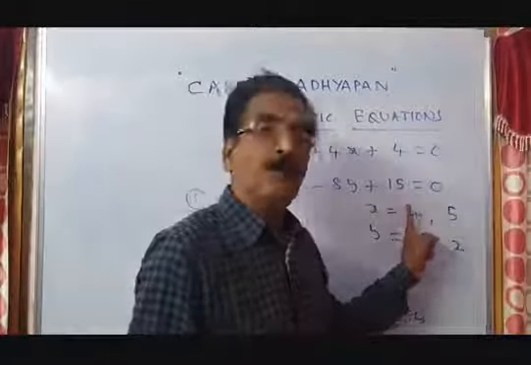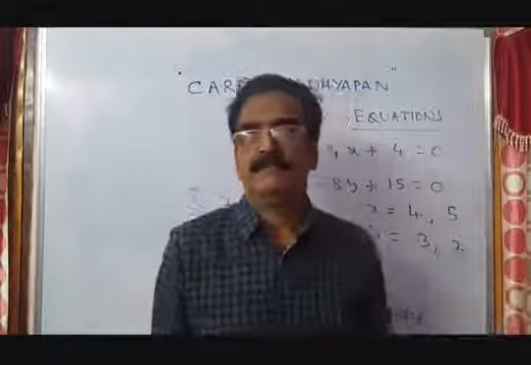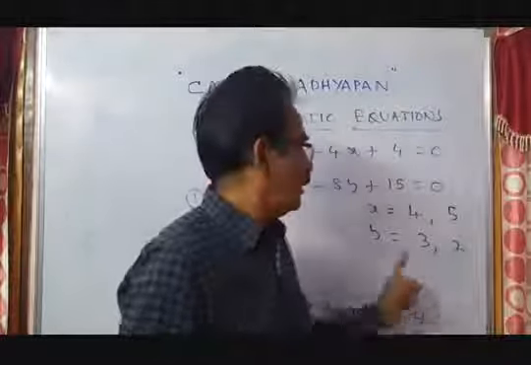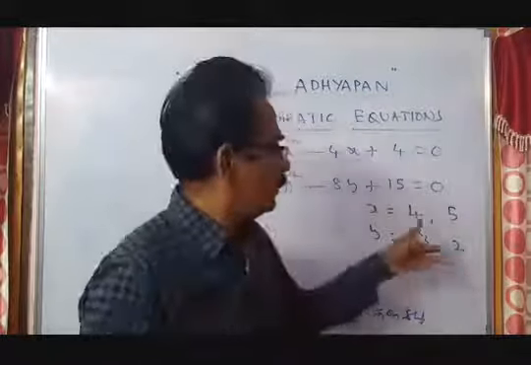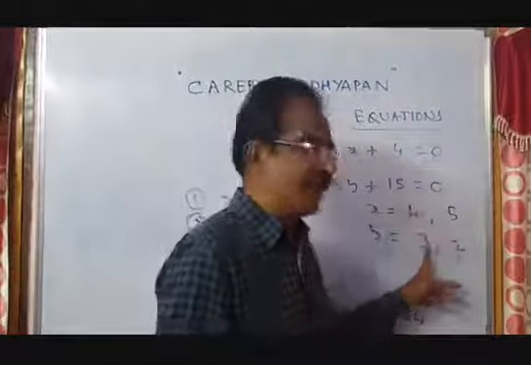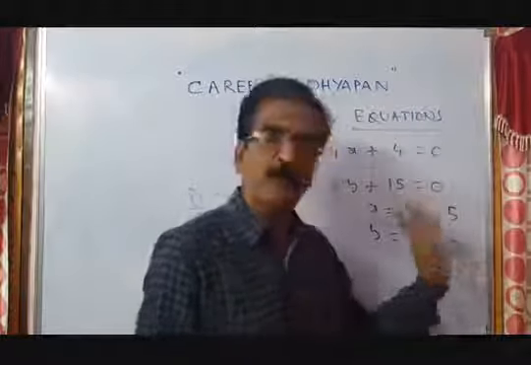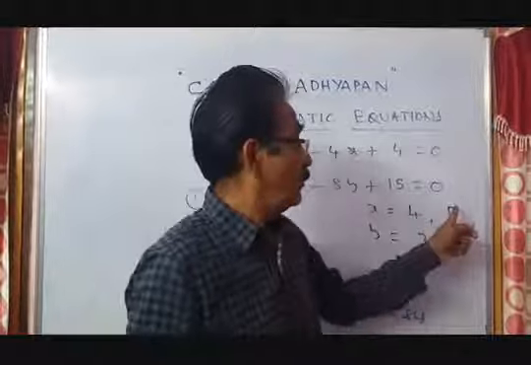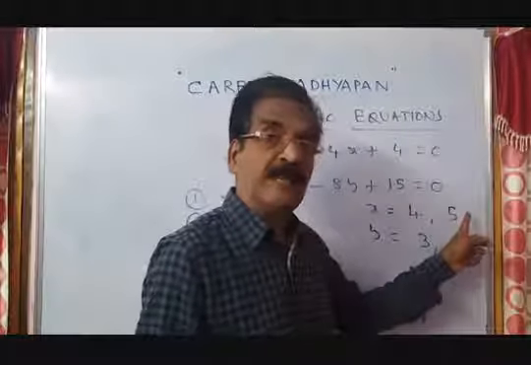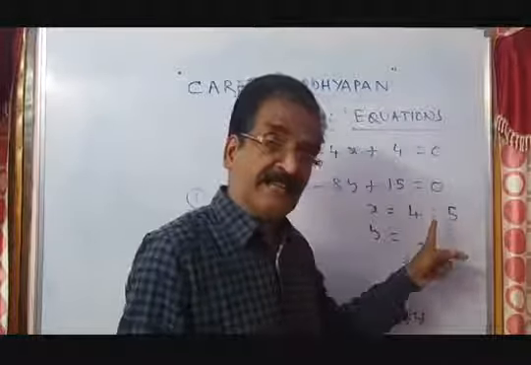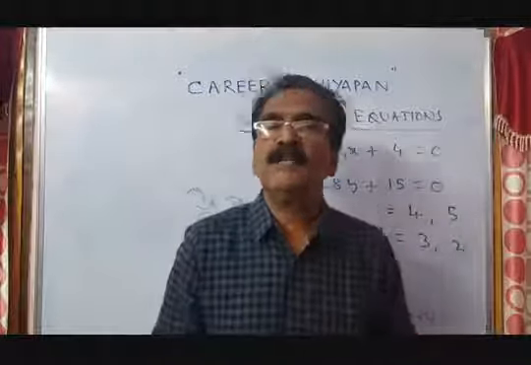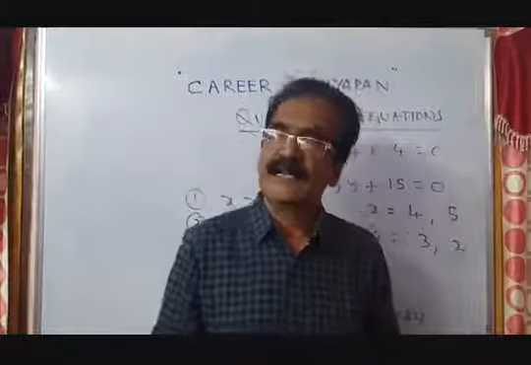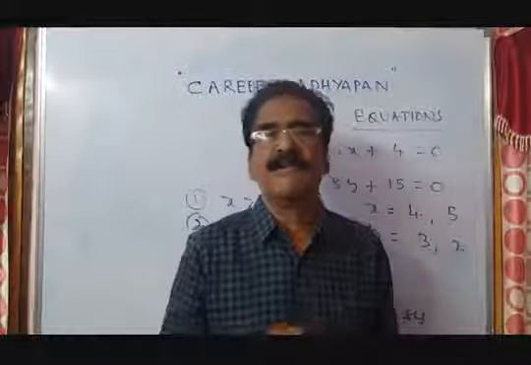So both the values of x are greater than both the values of y. 4 is greater than 3, 4 is greater than 2. You have to compare this value also: 5 is greater than 3, 5 is greater than 2. So both the values of x are greater than both the values of y.